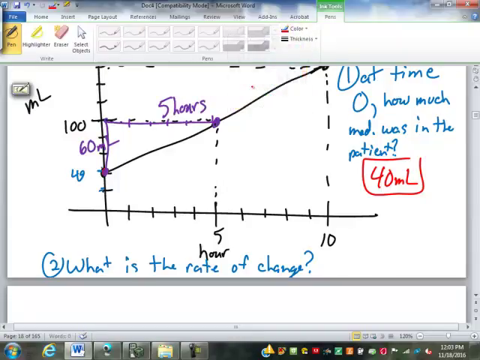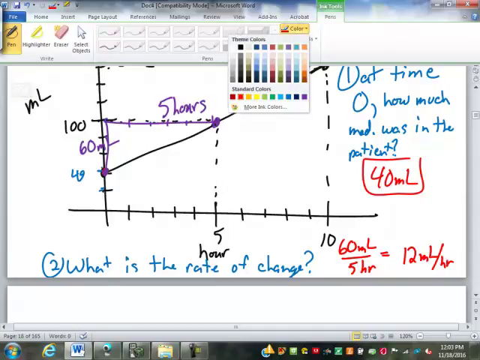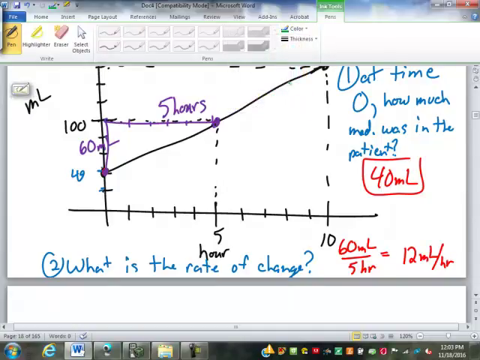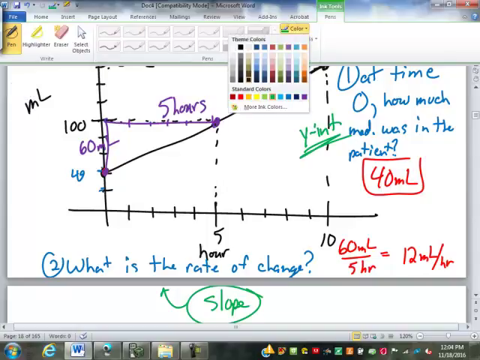So the rate of change here is 60 milliliters over 5 hours, or 12 milliliters per hour. The rate of change is just what we've been using as the slope for our generic graphs. So the y-intercept is the starting point. The slope is the rate of change.